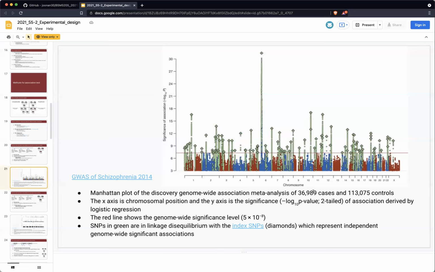One of the genomic loci, the strongest association at the time, was the HLA region on chromosome 6, and this region contains the gene called complement 4, the C4 gene.